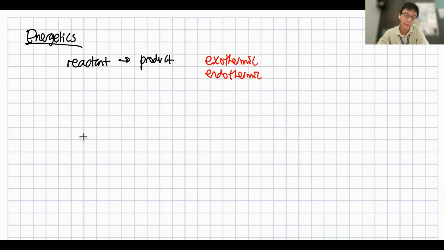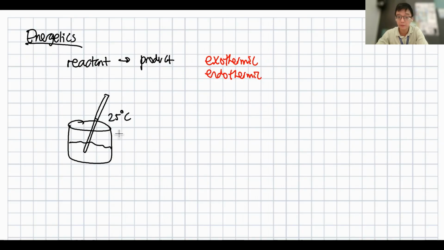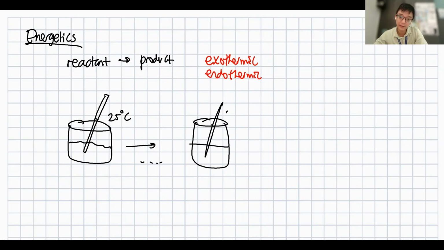Let's say that we have a big glass full of a liquid, a solution, and we put in a thermometer. Let's say that initially the thermometer reading is 25 degrees Celsius. And then after some time, the reading is, let's say, 32 degrees Celsius.